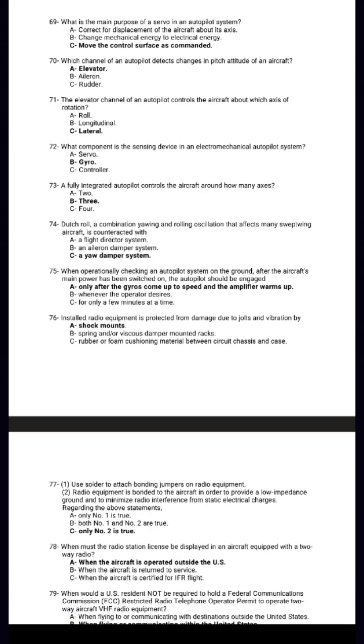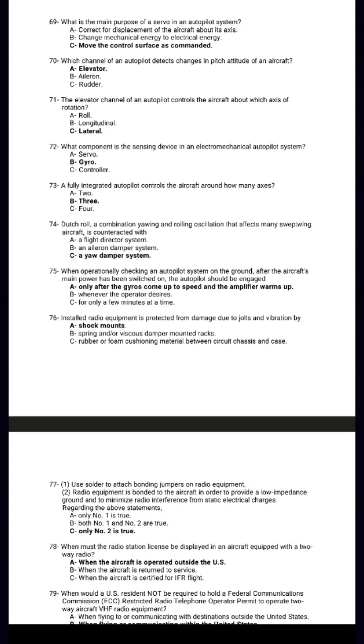Dutch roll, a combination of yawing and rolling oscillation that affects many swept-wing aircraft, is counteracted with a yaw damper system. We just need to shorten that one because that's a lot to remember.